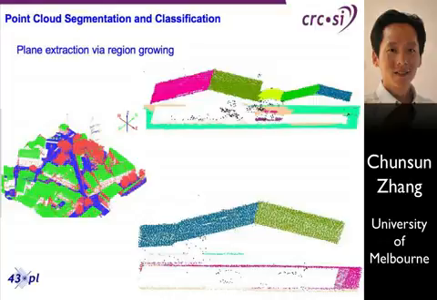So this approach can also be used to segment the point clouds for the separation of objects above ground and on the ground. With a higher density point cloud, we can also use it for the detection of power lines, like these energy facilities.